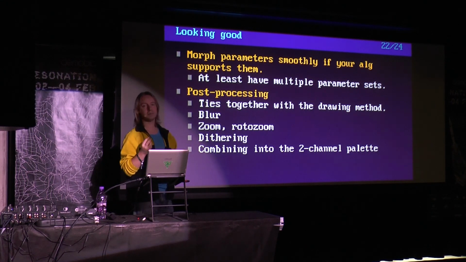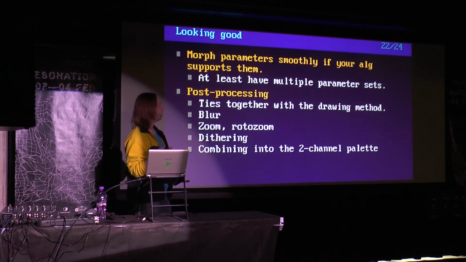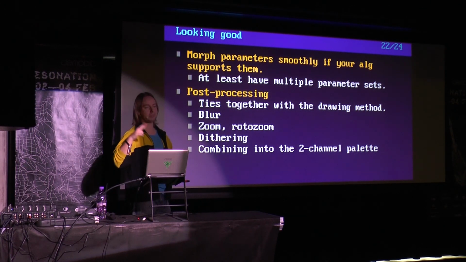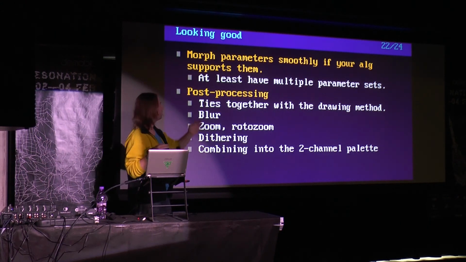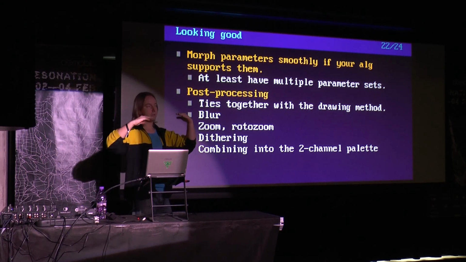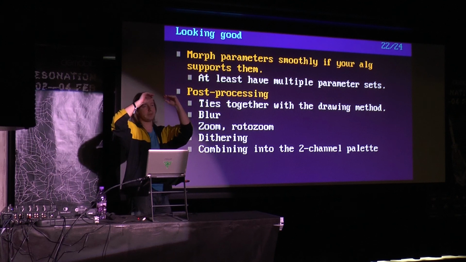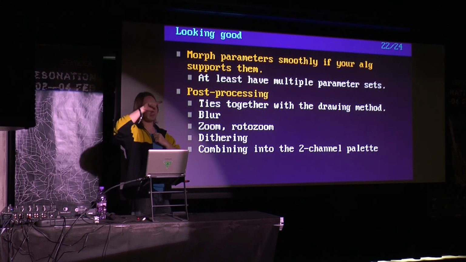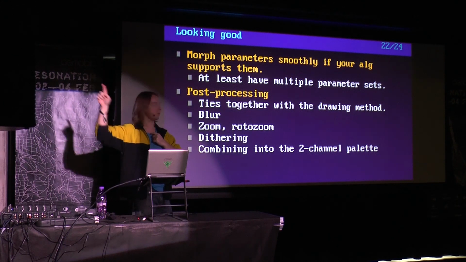But if the algorithm doesn't support that, or it doesn't behave predictably, at least change the parameters in the middle. Sometimes you can use it for having one parameter at a time, then smoothly transitioning to the next one and staying there. The smooth stair function is not really hard to compute.